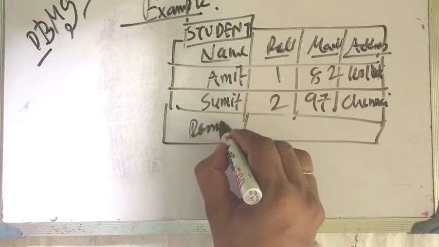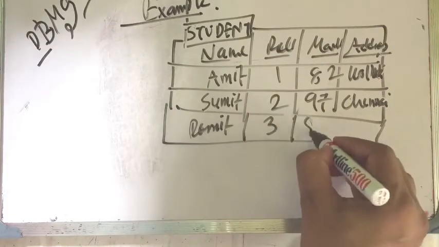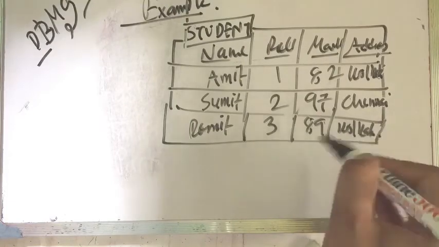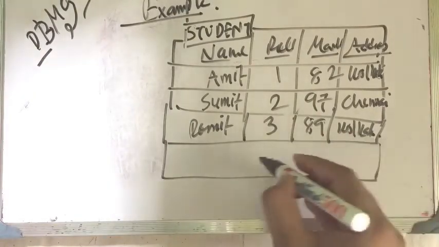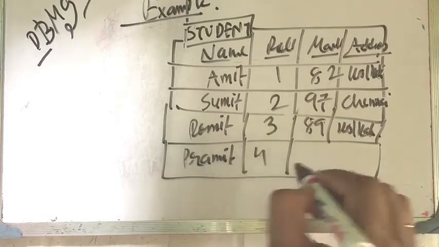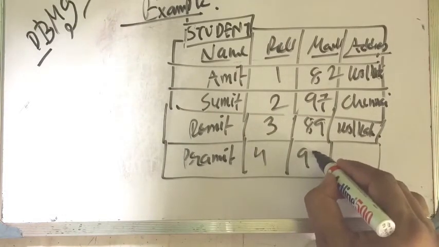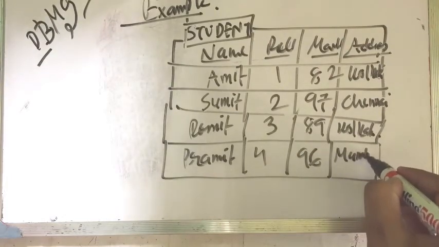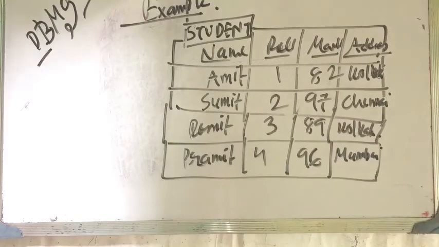Romit, roll 3, marks 89, Kolkata again. And Promit, roll 4, marks 96, address Mumbai. Now this is the original table.